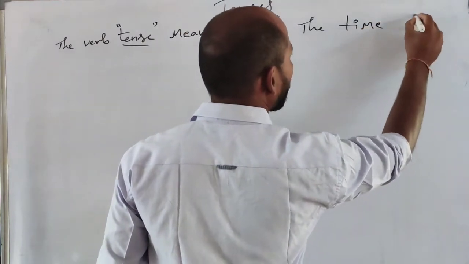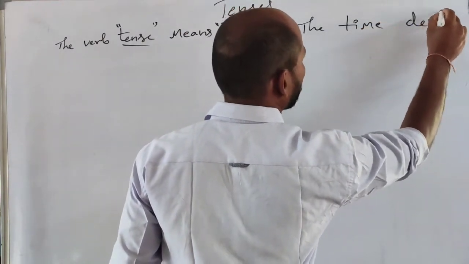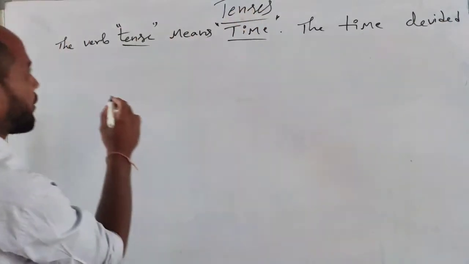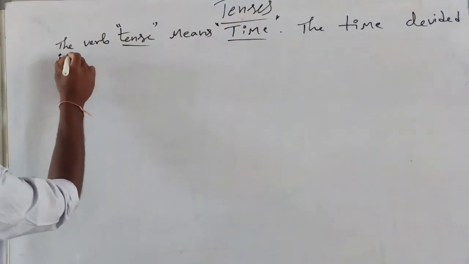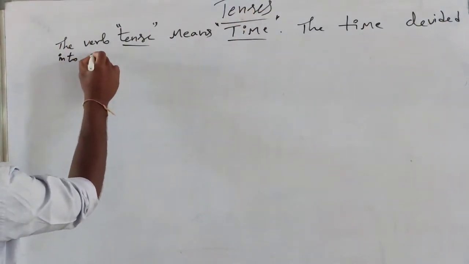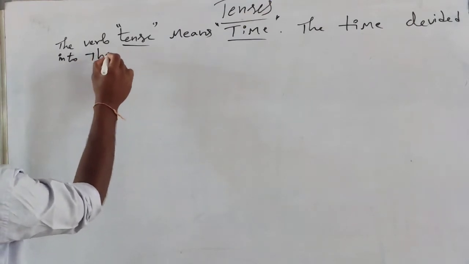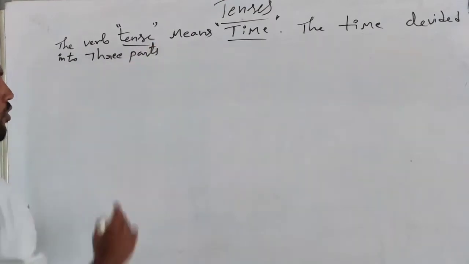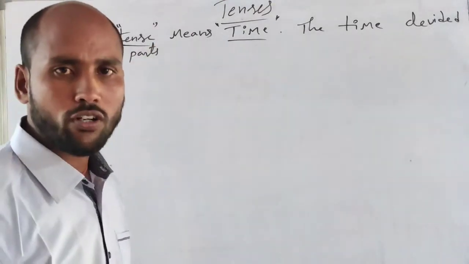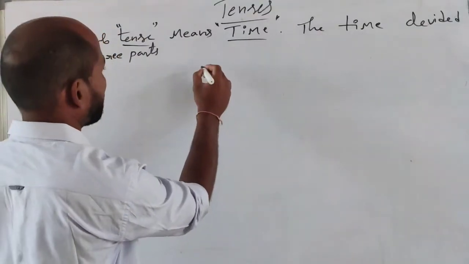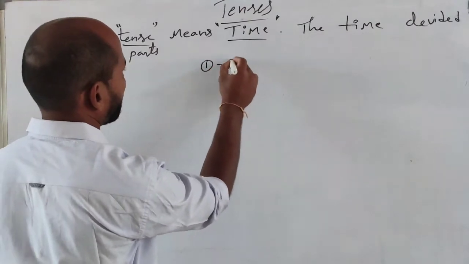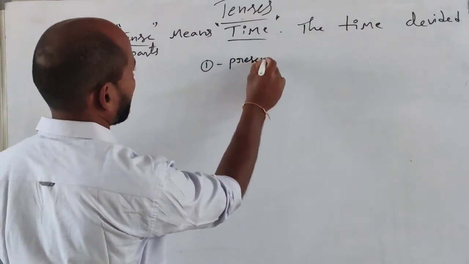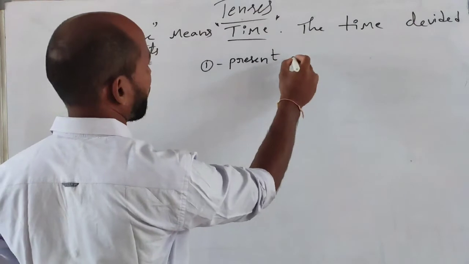The time is divided into 3 parts. The first part is present time.